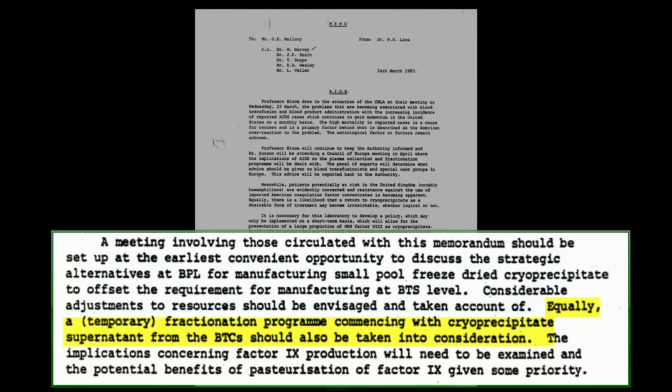If that had transpired, it would have been possible to receive cryoprecipitate supernatant from transfusion centres, and that could have been used for recovery of factor IX and factor VII, and of course for albumins and immunoglobulins.